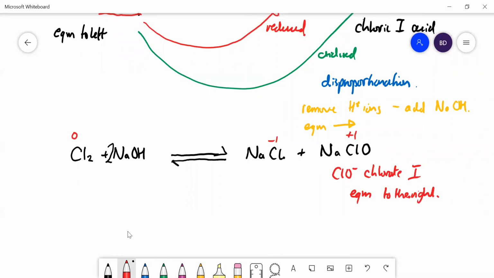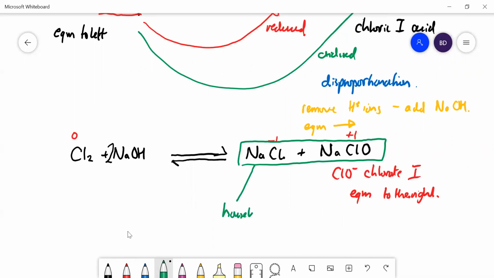And this mixture you've got here of sodium chloride and sodium chlorate(I), this is household bleach. So household bleach is made by bubbling chlorine through sodium hydroxide, and you end up with this mixture in solution.